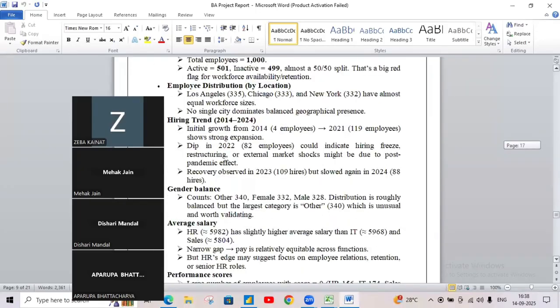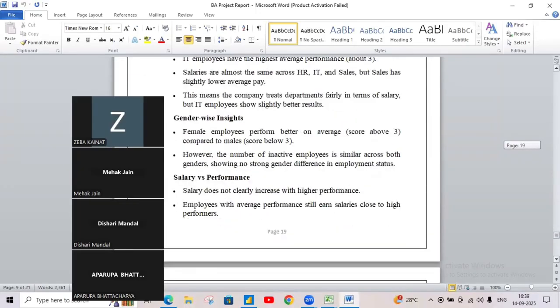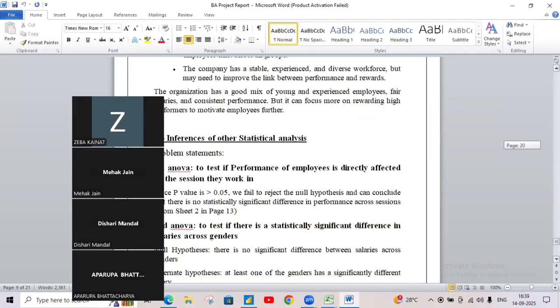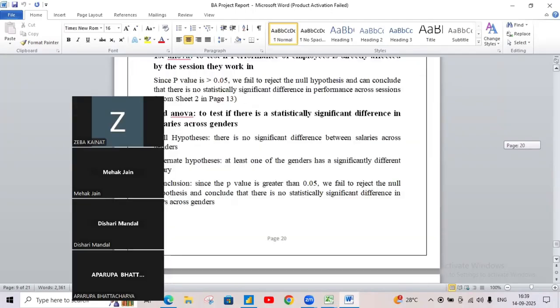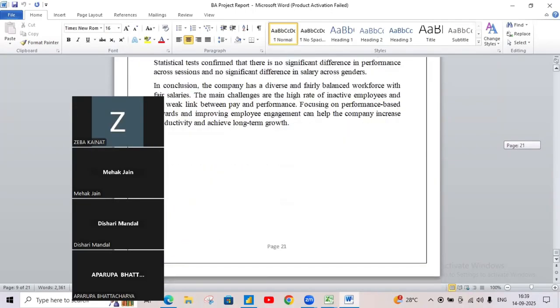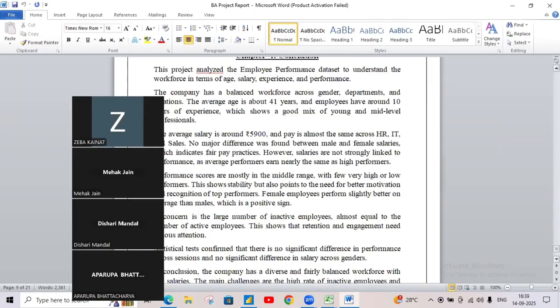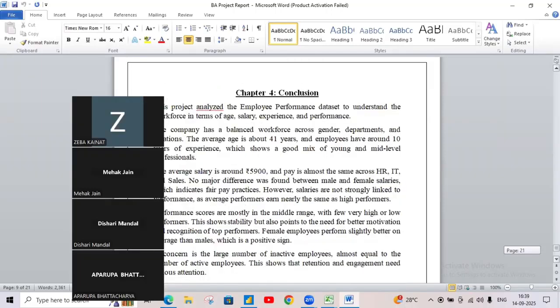So in conclusion, our analysis of the employee performance dataset shows that the organization has a diverse and fairly balanced workforce across gender, departments and location, with an average age of 41 years and 10 years of experience from high level to lower level. Salaries are equitable across functions and genders, but we found that the pay is not strongly linked to performance, which may reduce the motivation for high performers.